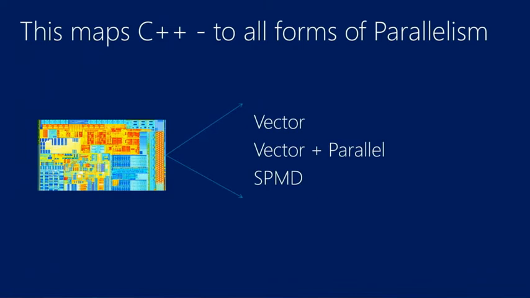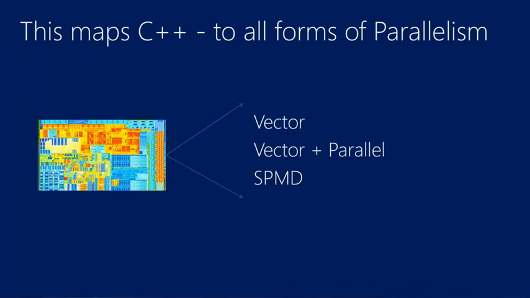So this technology that we've built really maps C++ to all forms of parallelism. Vector and multi-core. So what we do is after we vectorize the code, we then pass it on to a later phase, which will rip out the loop bodies that have been vectorized and fling them across the cores. Or SPMD, which is meant to be for the graphics or the GPU side of the world.